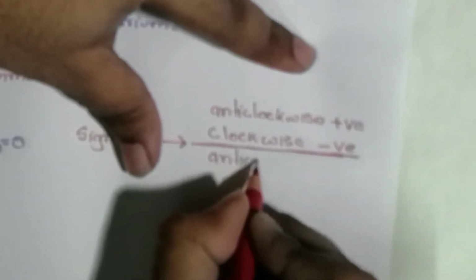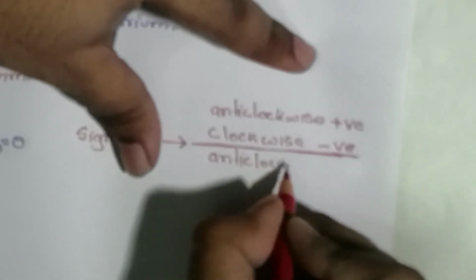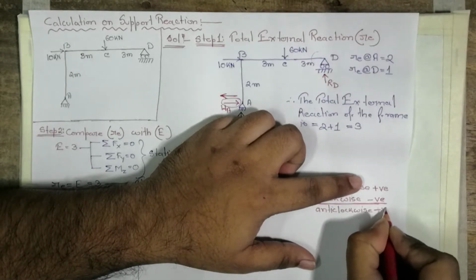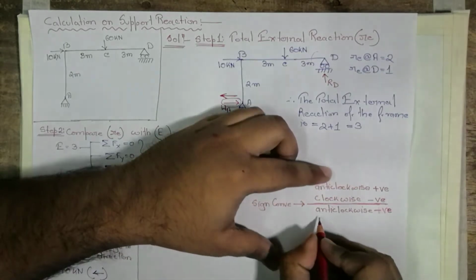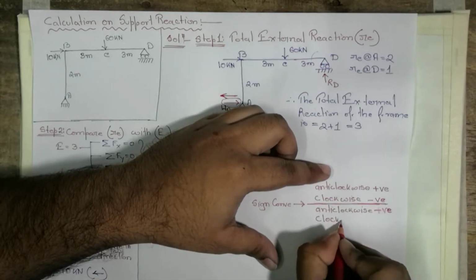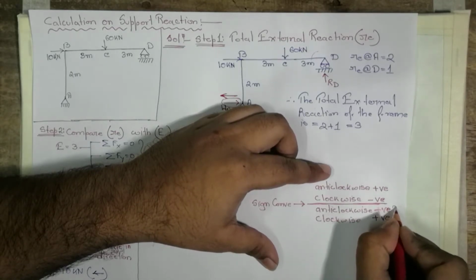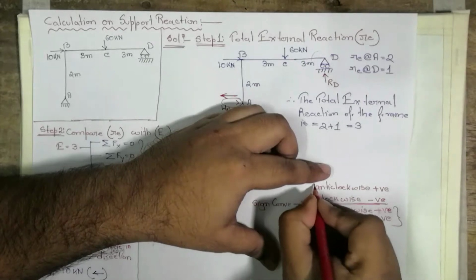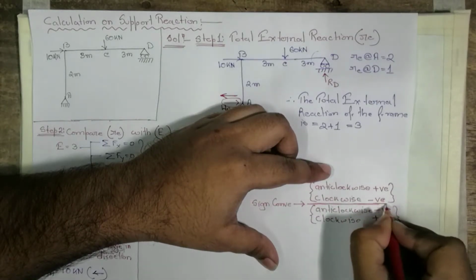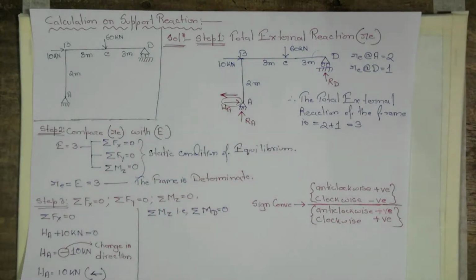The second one is taking anti-clockwise as negative and clockwise as positive. Now both are right, okay? Both are the same.